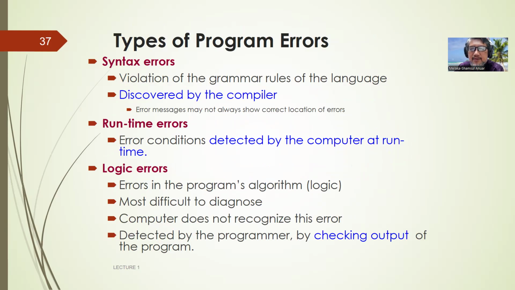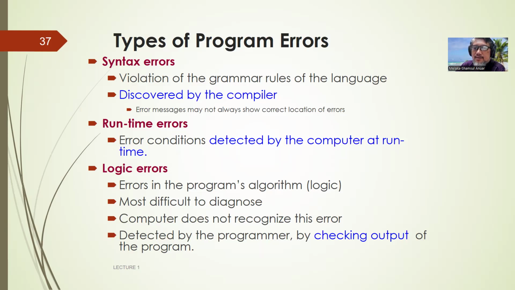So, types of errors. We have syntax errors, violation of the grammar rules of the programming language. So we're not talking about the human language here, but the programming language. So that is syntax. Sometimes even a dot or a period is going to give you a headache.